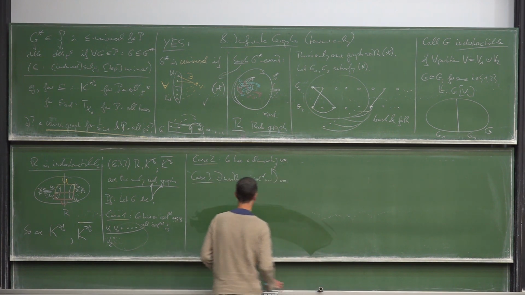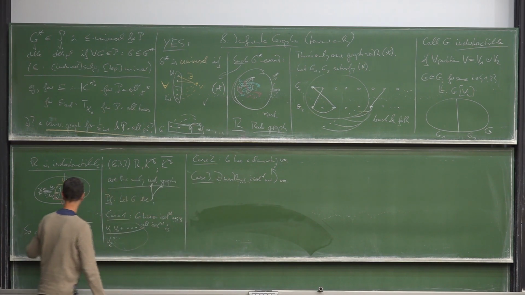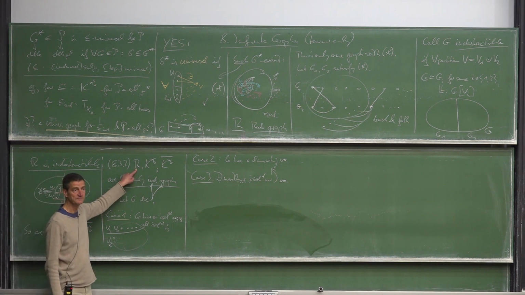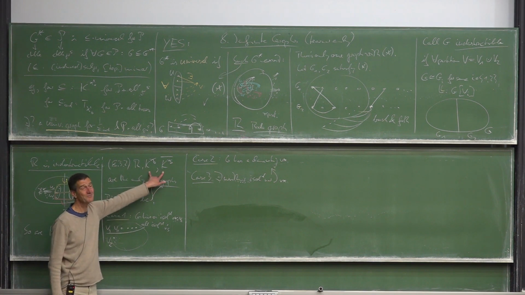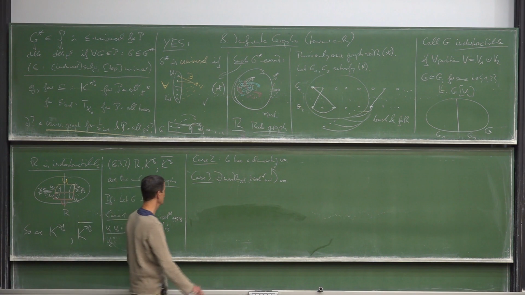We need to show that the graph is the Rado graph. If there's neither an isolated vertex nor a dominating vertex, it can't be one of those. So we want to show it's the Rado graph.